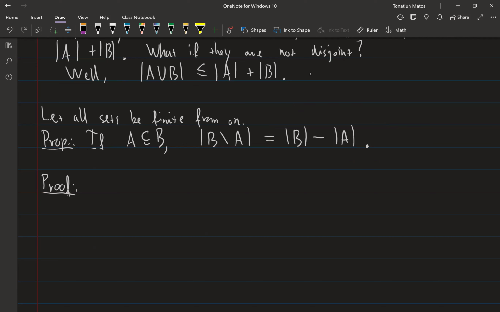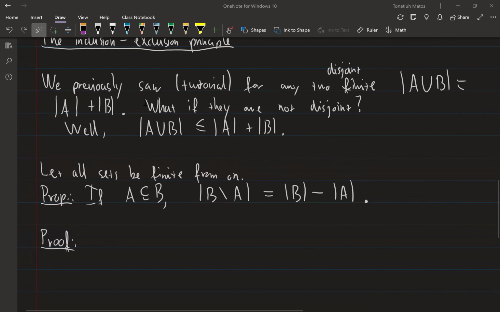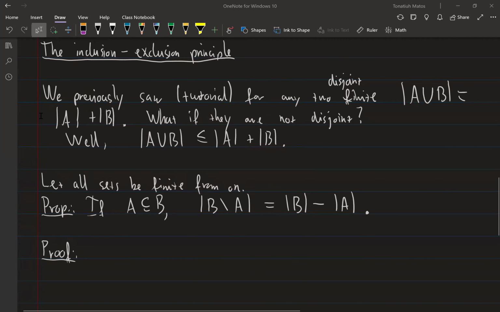So how do you show this? Okay, so maybe this isn't that trivial after all. So who can tell me how to prove this? Give me a formal proof that the size of B minus A is the size of B minus the size of A.